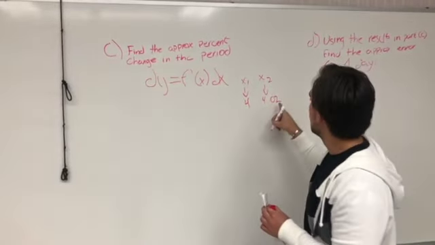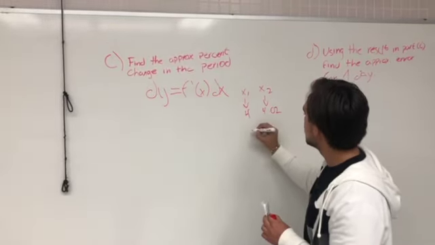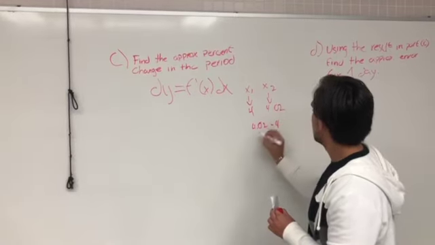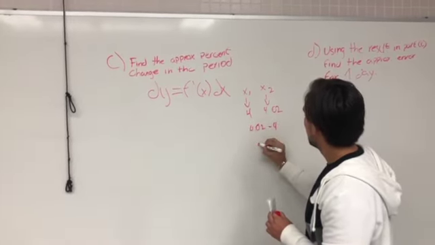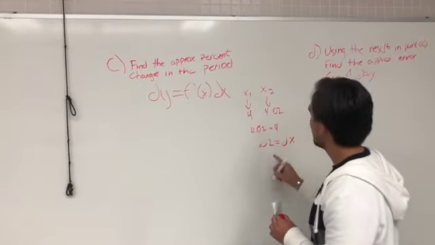To find the dx, we need to subtract x2 minus x1, which will give us 0.02. This is our dx.